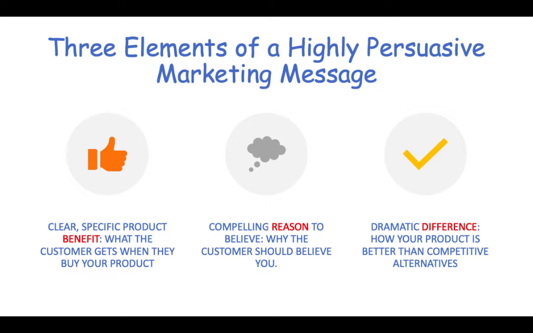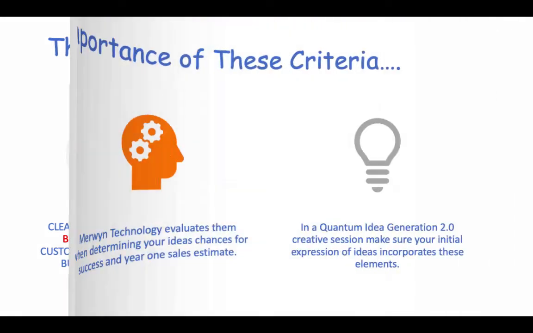And it's that communication, the benefit communication, the reason communication, the difference communication, that the Merwyn analysis uses to evaluate your chances for success, and in particular, does your idea rise to the level of being dramatically better? So very simple, direct inputs, but critical to the evaluation of your ideas.